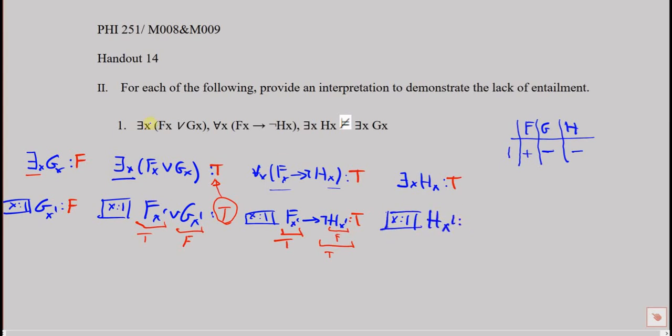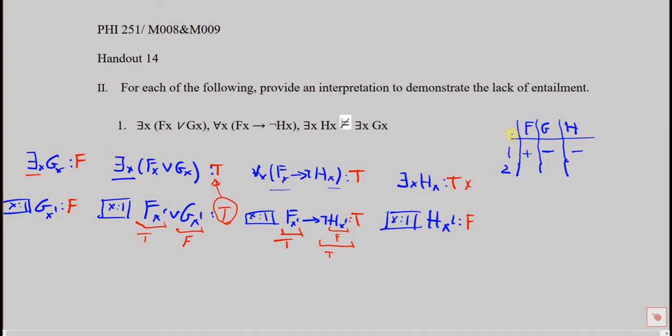And Hx1 is going to be false because 1 is not in the extension of H. So at this point, this is not true. We failed. Now that we failed, it means that we need to add one more object to the domain. We cannot make it work with only one object. So let's add object 2 to the domain. And now we need to start over.